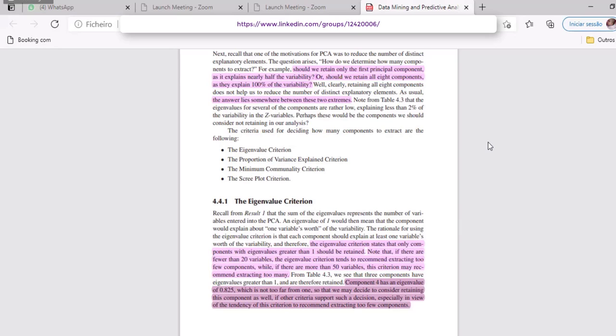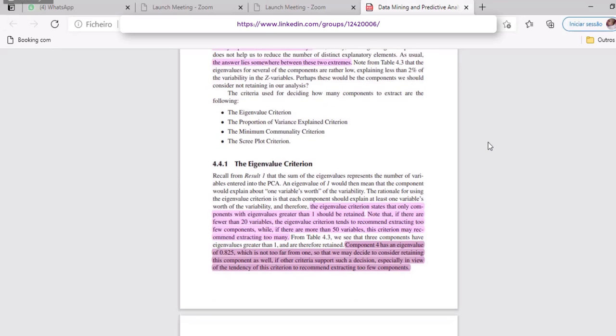We check all of them to see if this one that is very close to 1 but lower than 1 is worthy enough to be included or not. Because each component that we put aside means that a little bit of information is lost from the model, right? And we have to have a good reason for that.